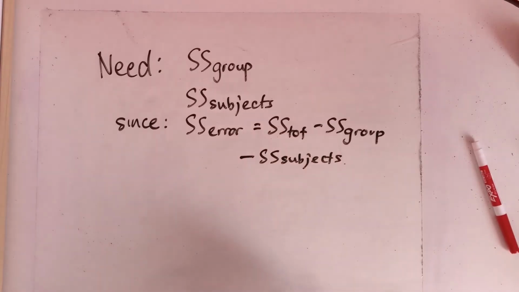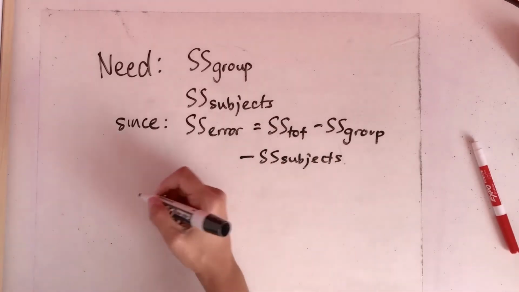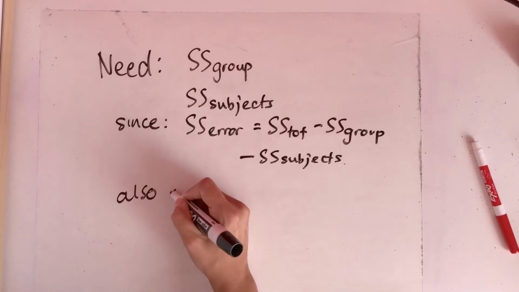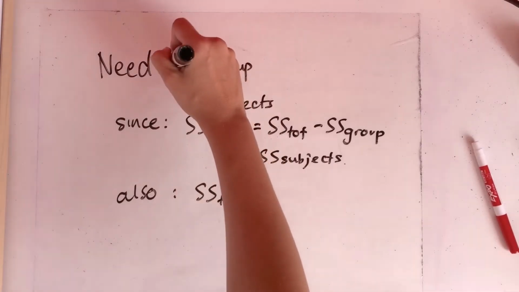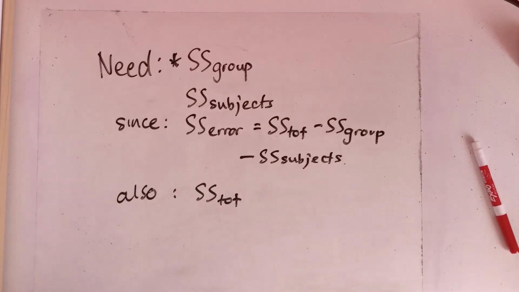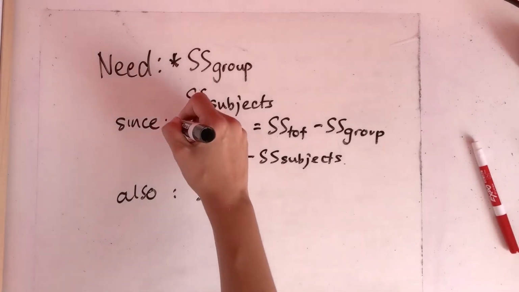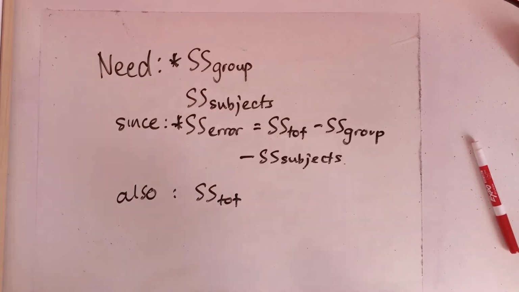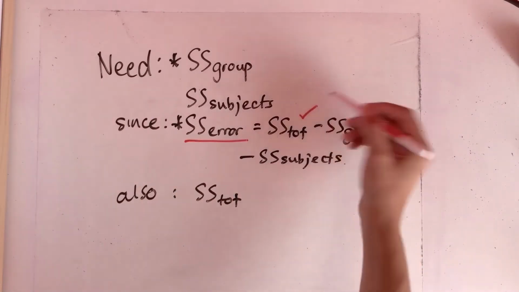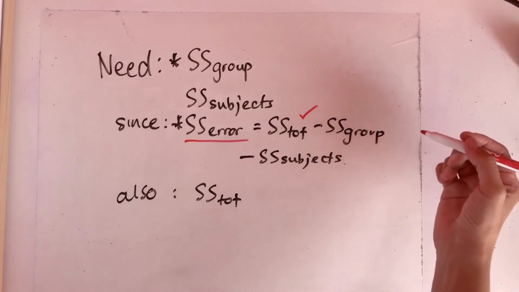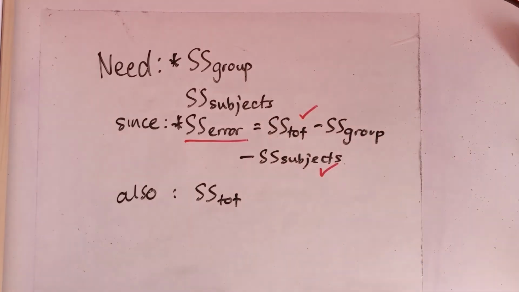So I guess then we also need SS total. So in the end, we want our sum of squares group, and then we want the sum of squares error. But in order to compute the sum of squares error, we're going to need the sum of squares total, and we're going to need the sum of squares subjects.